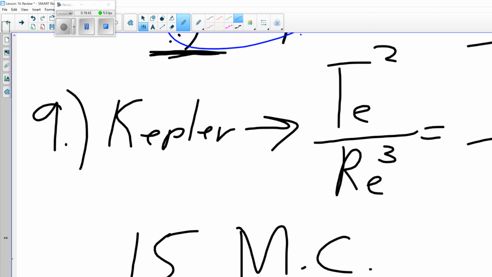Satellites. And then again, a bunch of questions in a row about uniform circular motion. So a lot of stuff just about the principles of uniform circular motion.